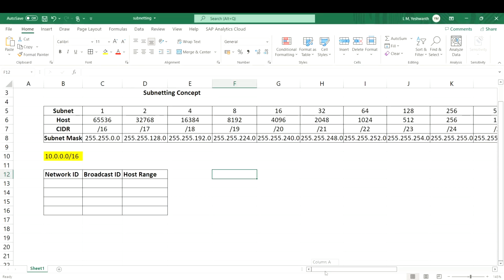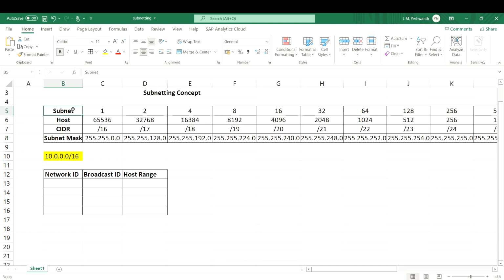So welcome back. This is my Excel sheet. This is really important for you to understand. This will help you a lot in your career, because using this concept, you can tackle any of your subnetting questions easily. If you see here, I have 4 rows: subnet, host, CIDR and subnet mask.